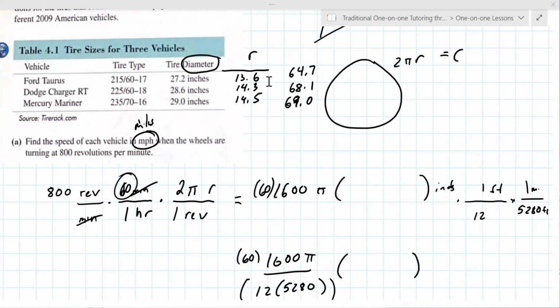Let me know if there's any issues with those calculations or if you're not getting the same ones. Yeah, I got the first one's the same.